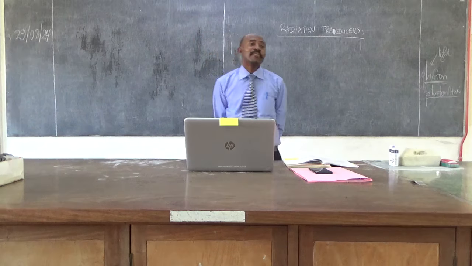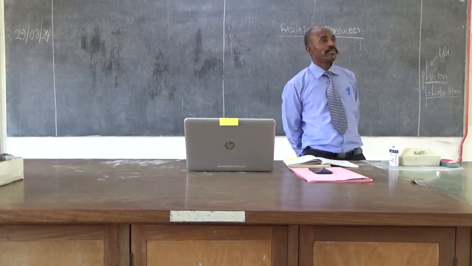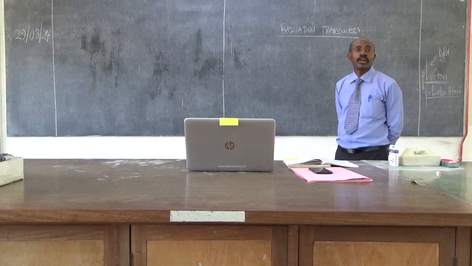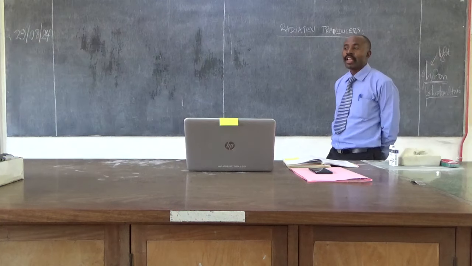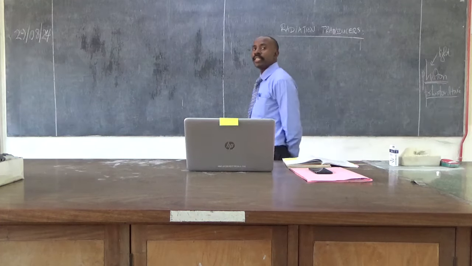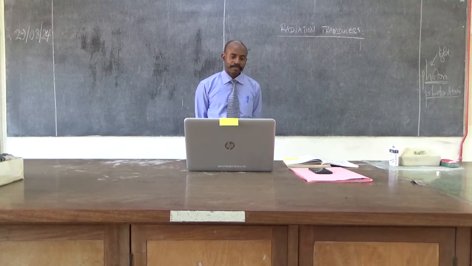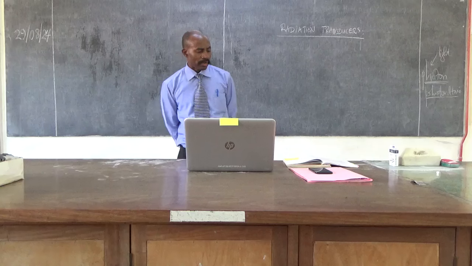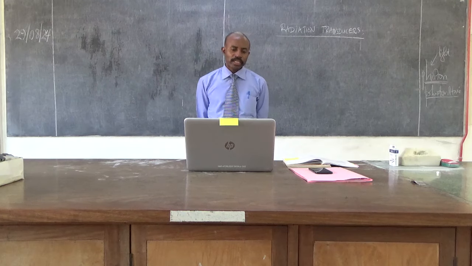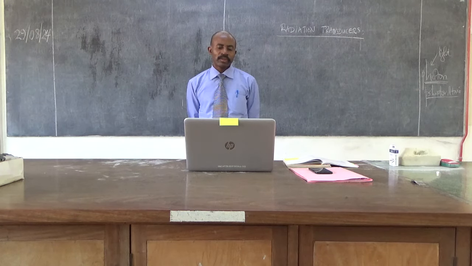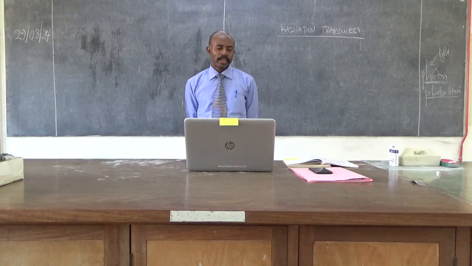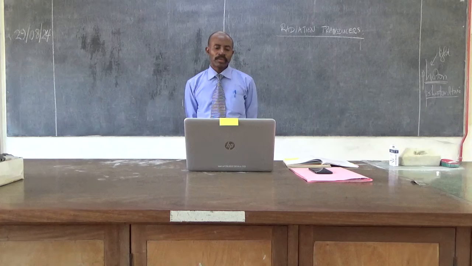We are using them in displays, in TVs. That's why currently flat TVs are called LED TVs, because of the light emitting diode. So transducers in general are used in a wide range of measuring instruments and a variety of other uses in the electroacoustic field, gramophone.